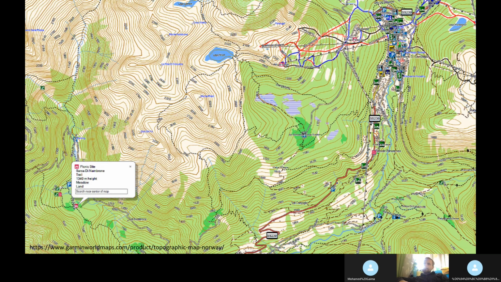Historically, topographic maps were the first kind of maps because, first of all, these topographic maps have been used for military purposes.